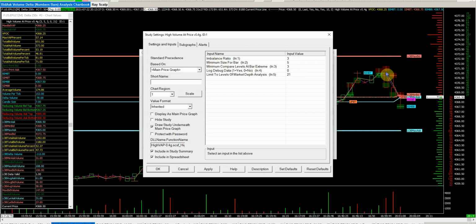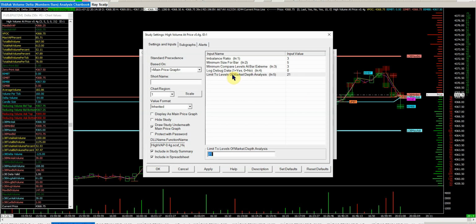That's your traditional 3 levels to compare reducing volume, which usually means you're looking at stuff getting either absorbed or exhausted, but you're looking at just reducing interest, but it keeps getting pushed up, and then all of a sudden it'll tip over. So minimum compare levels at bar extreme, you can move that. Traditionally, like I said, it's 3. You can change it to 2, 5, 10, whatever you want to do.